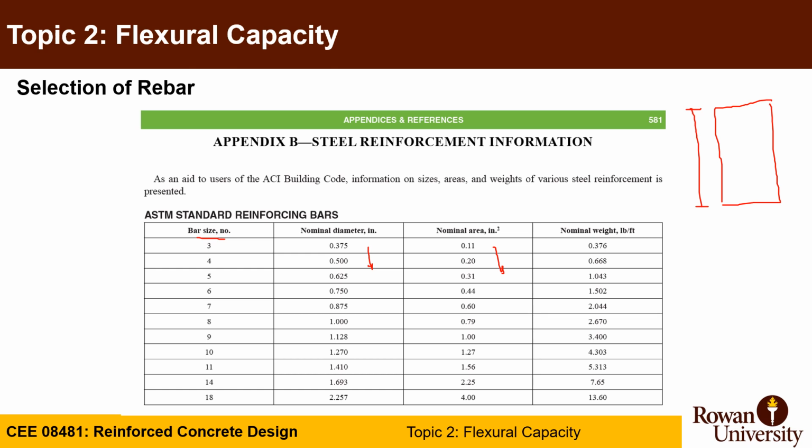So for example, if you have to use one of those bar sizes, let's say size number 8, you will directly get the area As for this bar. And if you're using 3 of them, you have to multiply this number by 3. Oftentimes, if you use number 9, the area is 1, so it's going to be equal to the number of rebar. So make sure that it depends on what area you are using.